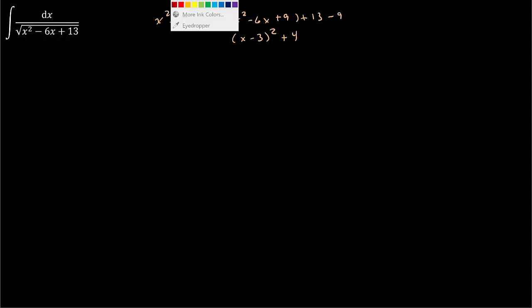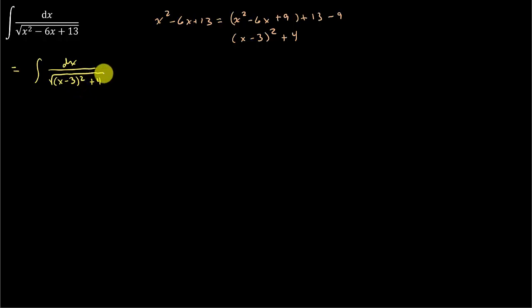All right, so what we're going to do here is rewrite this as the integral dx over the square root of x minus 3 squared plus 4. All I did is replace this with this. That's all I did.